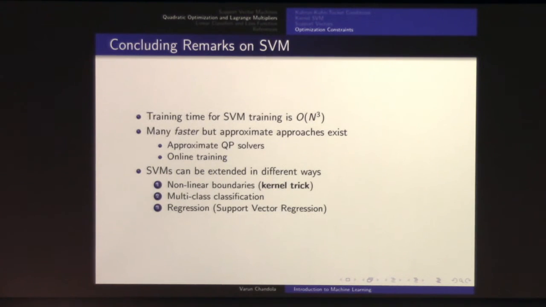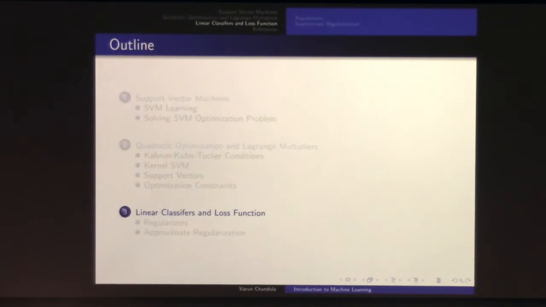Whenever you get a support vector machine package, you would typically get both classifier and regression. And then there are many more extensions of support vectors as well. Any questions so far about support vector machines? Great.